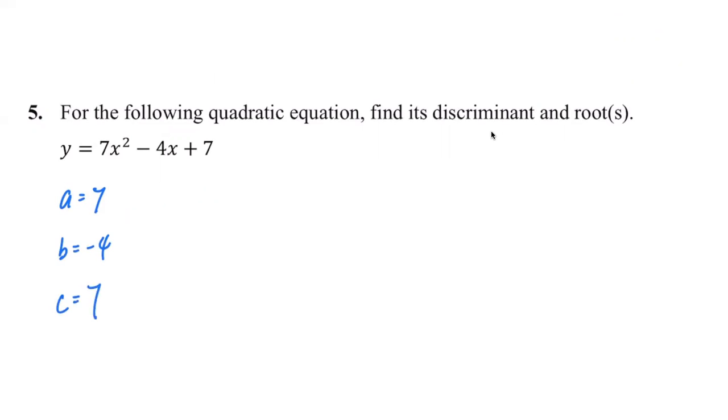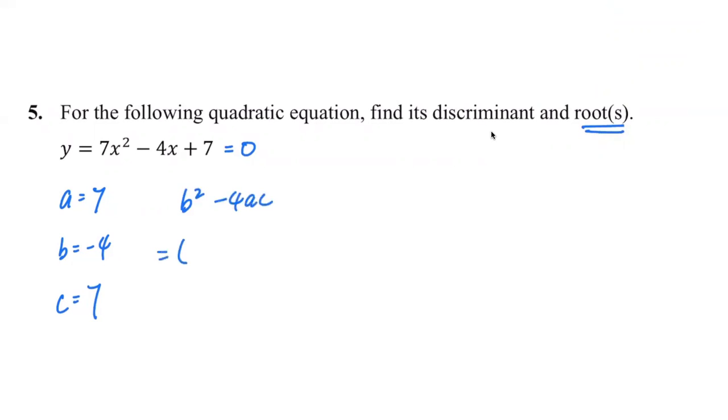Now, when we say we will find the roots, that means we will set this equal to what number? It's going to be 0. Again, to find the roots, it has to equal 0. We're saying please find the x value when y is equal to 0, just like finding the x-intercept.